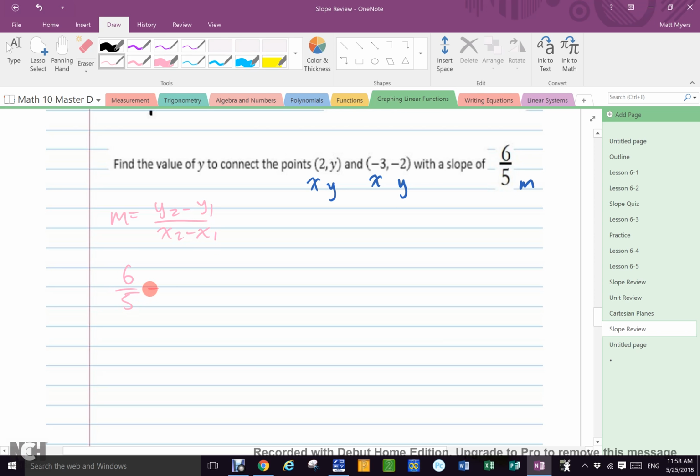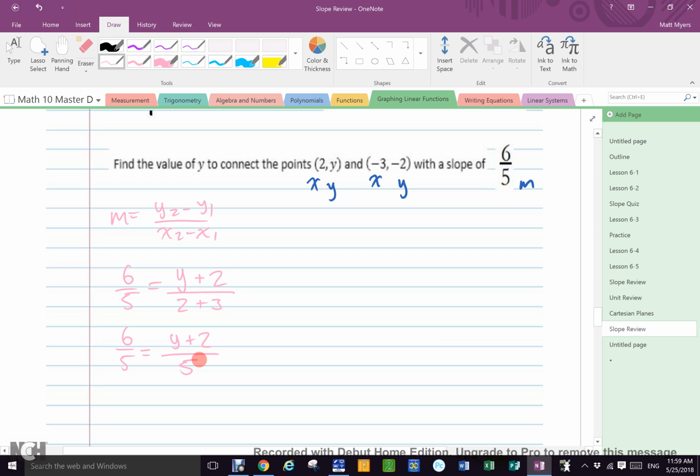6 over 5 equals. I like to keep my Y's positive. Y plus 2. Why did I write Y plus 2 when I can plainly see that it is Y minus 2? It's minus minus 2 over 2 plus 3. Then simplify. 6/5 equals Y plus 2 over 5.